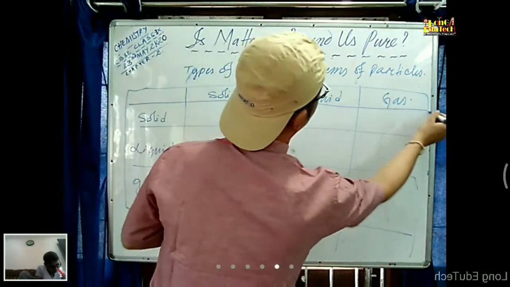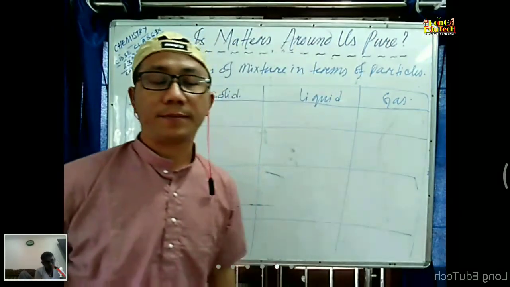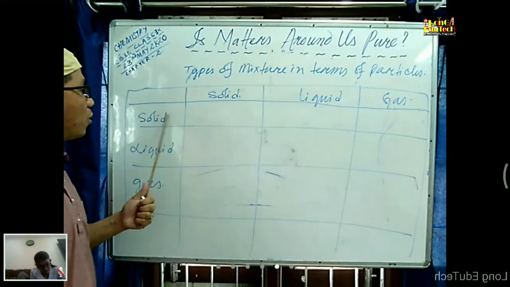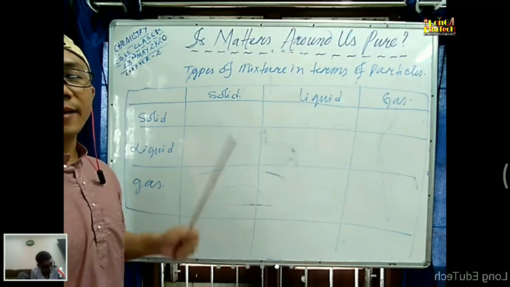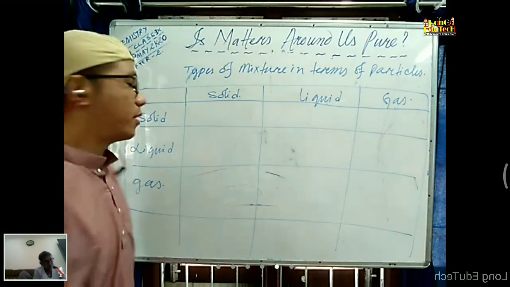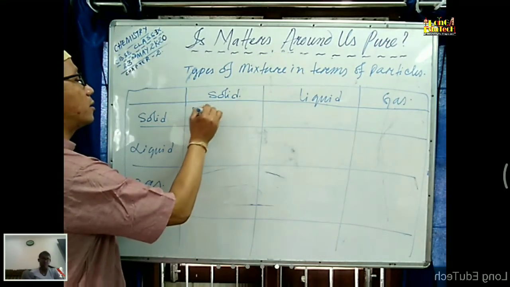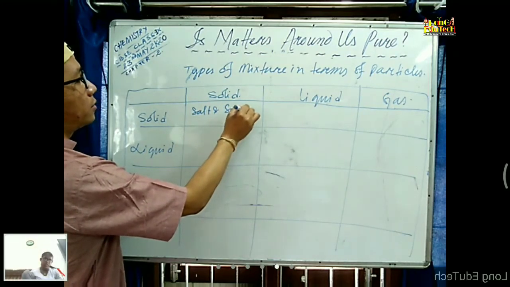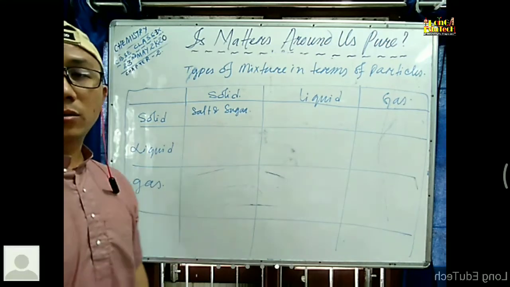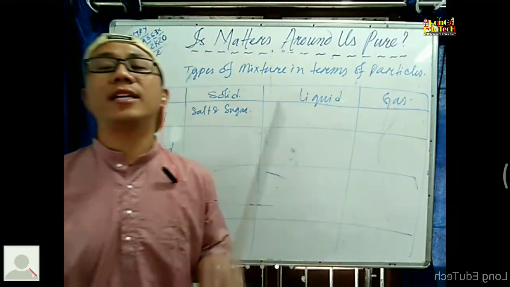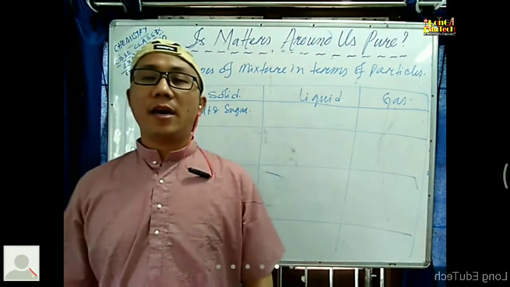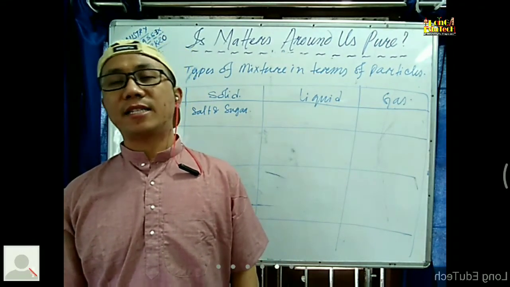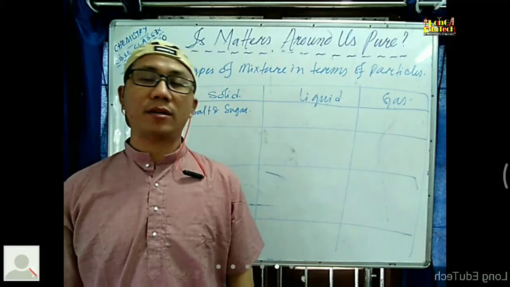What is the mixture of solids? When two solid substances are mixed, a mixture is formed. An example is salt and sugar. And you can also give alloys like bronze: copper and zinc, copper and tin, they can mix.